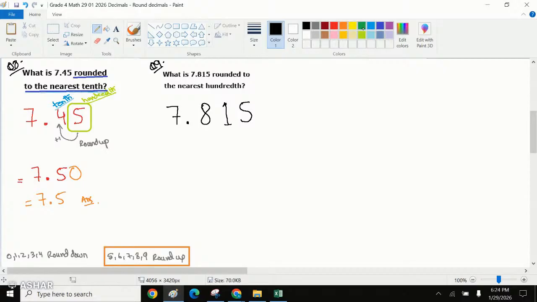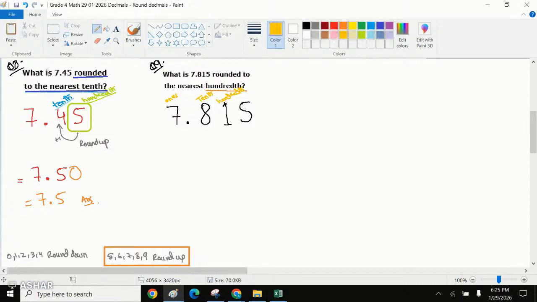So we need to round it off to the nearest 100th position. We know that this is ones, 10th, right? This is hundredths. If we need to round off to the nearest 100th, we don't have to look at the 100th.